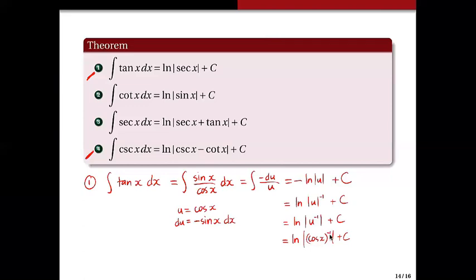It is not the inverse notation. So this one here is 1 over cosine x. And that's where the secant x will appear. So you have this formula in here.